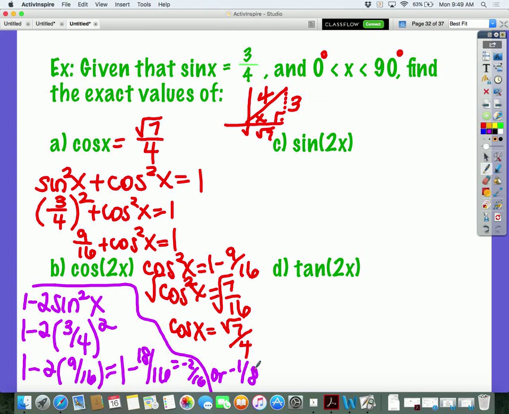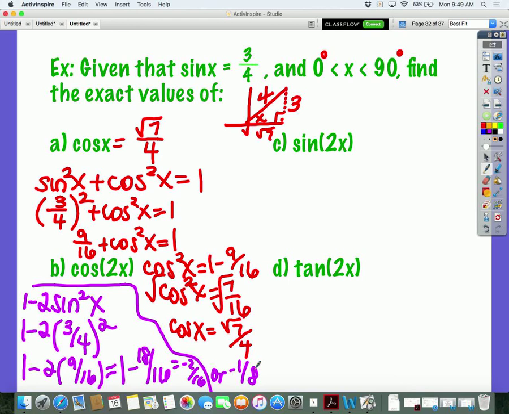Questions? Did you find the exact value of cosine 2x? So for any one of the formulas, you plug in the value of either sine or cosine, depending on which one you use, and then simplify. And that is the exact value.